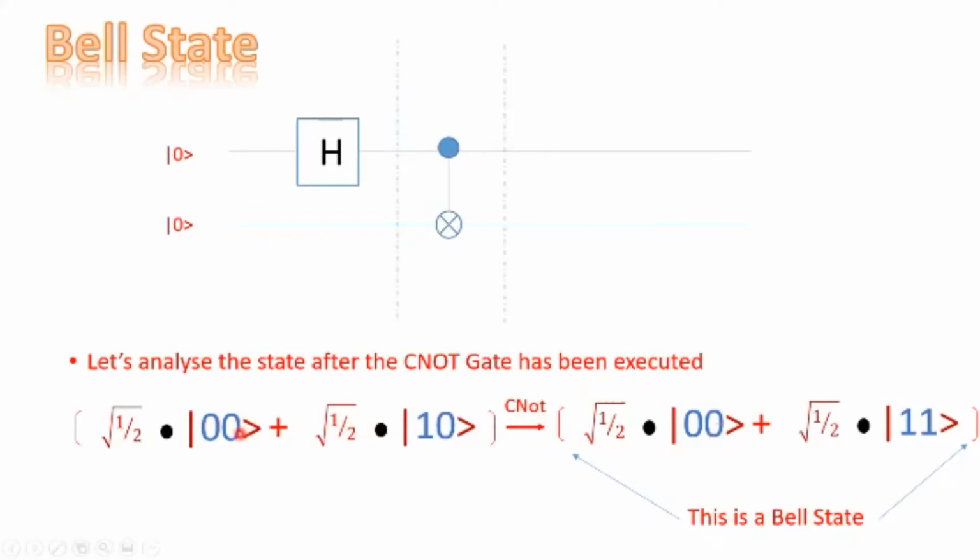The second qubit remains unchanged. But here, the control qubit is a 1. Therefore, we need to flip the second qubit. So that goes from a 0 to a 1, which gives us this beautiful equation, which is a Bell state. And that's an entangled Bell state.